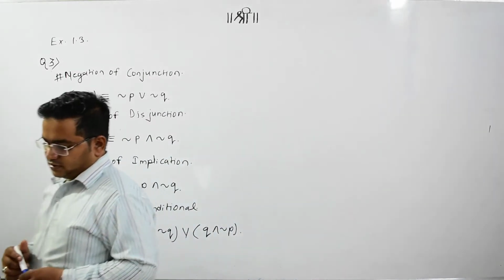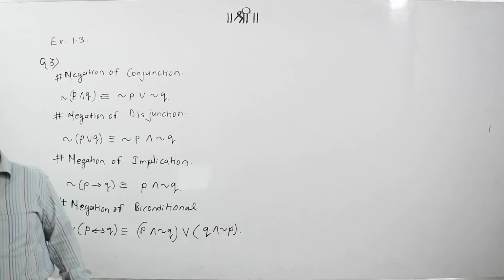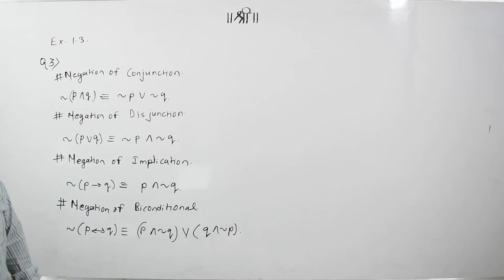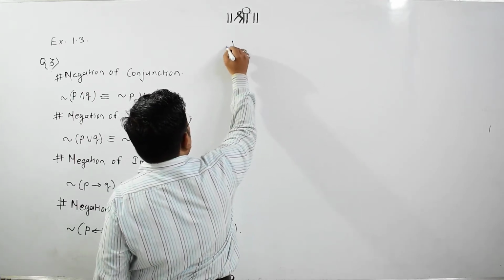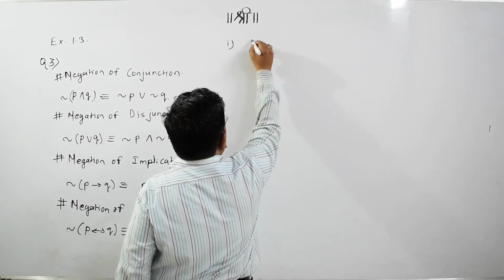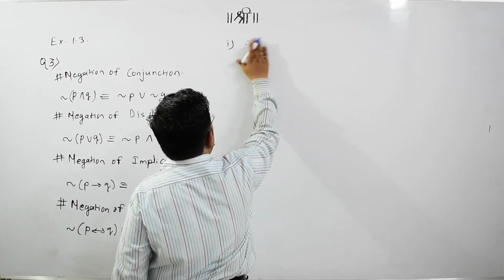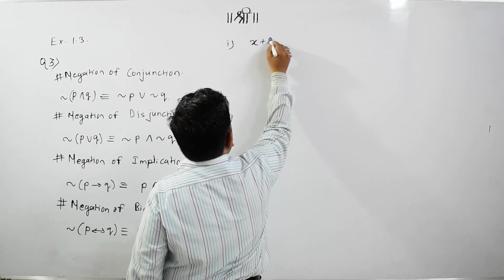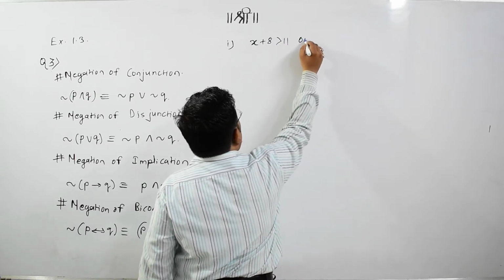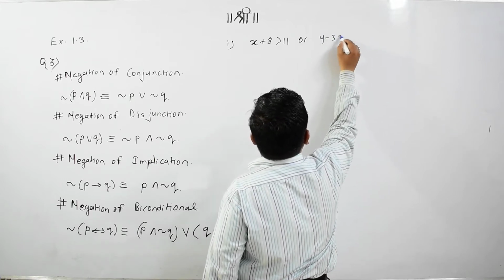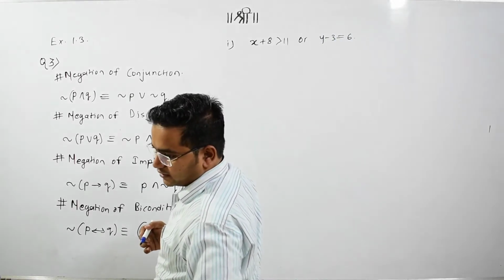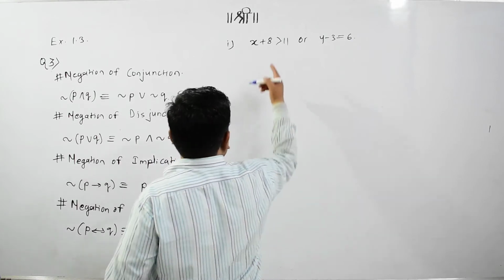Okay, so using these formulas we will perform our negation concept. What's the question? Question 3, first part, says: find the negation of the given statement, where x plus 8 is greater than 11 or y minus 3 is equal to 6. Now what should be the negation?